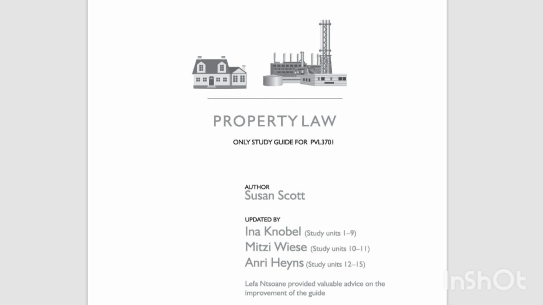And then number 8, relationship between servitude holder and owner of burdened thing. The rights of the servitude holder enjoy precedence over those of the owner, insofar as the exercise of the servitude is concerned. He or she is entitled to perform all the acts that are necessary for the due exercise of the servitude.